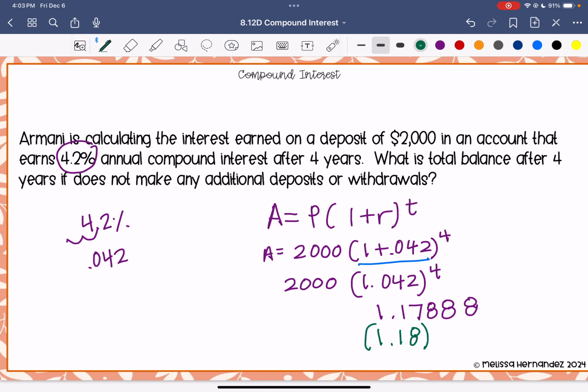And I will times that by 2,000. And then that will give me the ending balance. So the answer is going to be pretty darn close to 2,360.